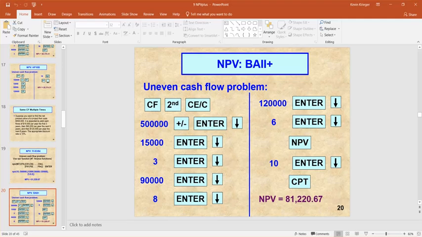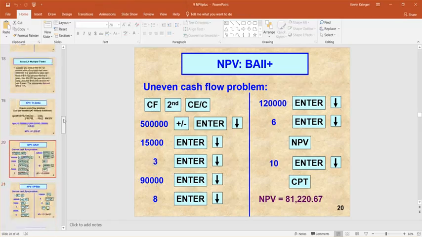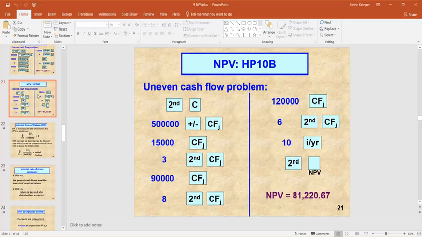That's the reason for the negative 500,000, excuse me, negative 15,000, 3 of them, 90,000, 8 of them, and such. It makes for a more natural flow, I think, inside of the calculator. And the 10B2 is not that much more difficult either. It's also pretty direct in terms of allowing you to do a repeating payment amount type of valuation.